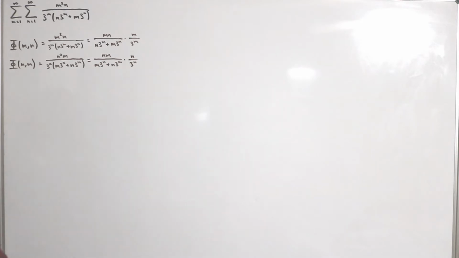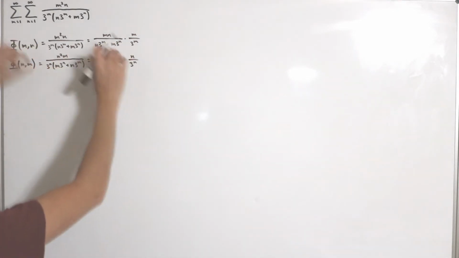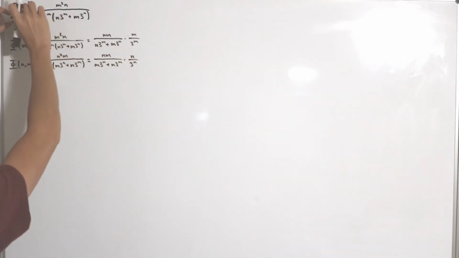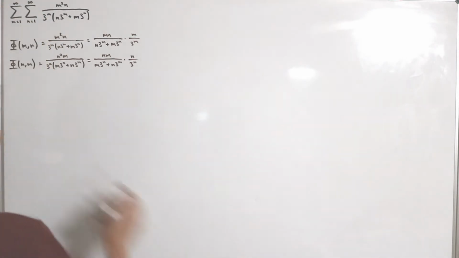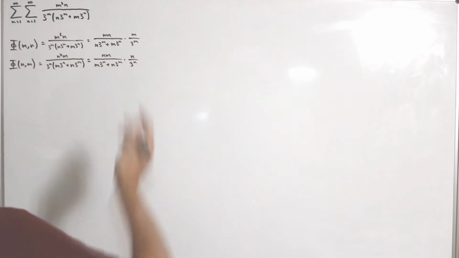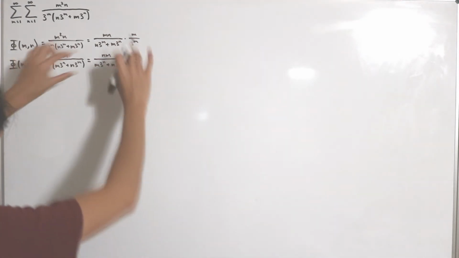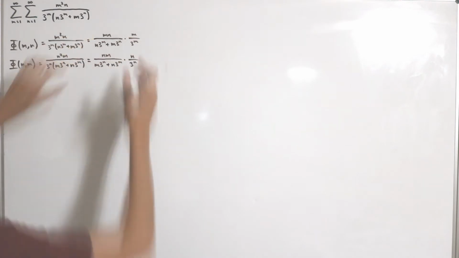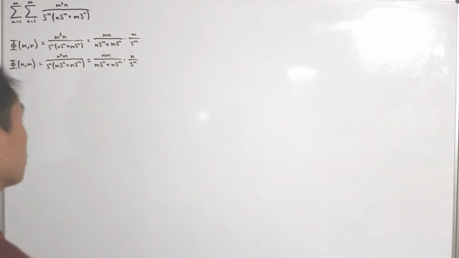Now notice that if we take these and put them back into our double summation, preserving our index as well, m equal to 1 to infinity and n equal to 1 to infinity, the double sums of these two functions are symmetric to each other.